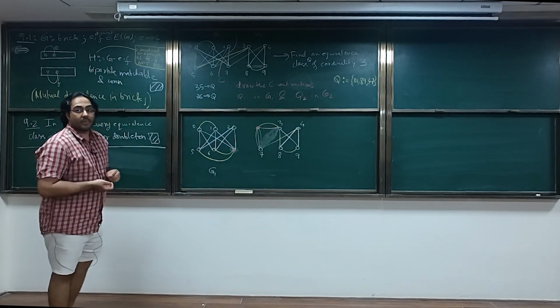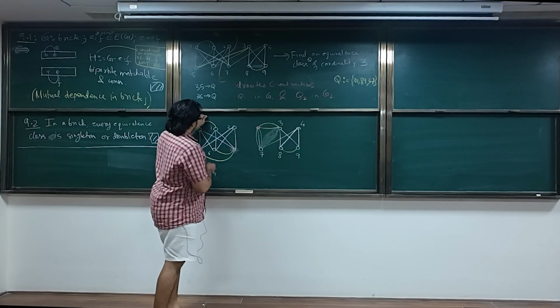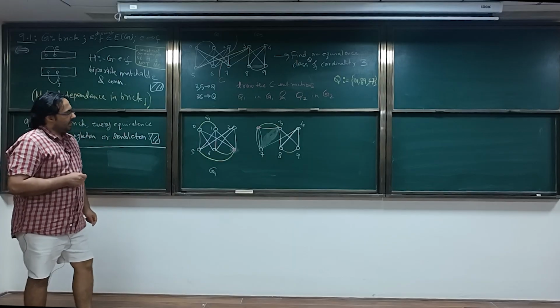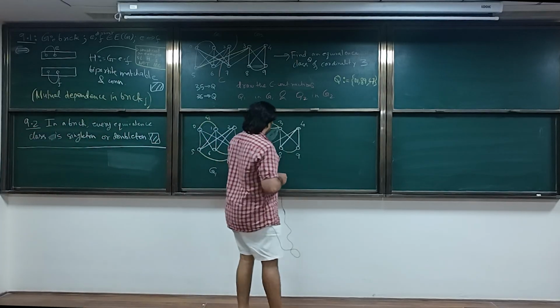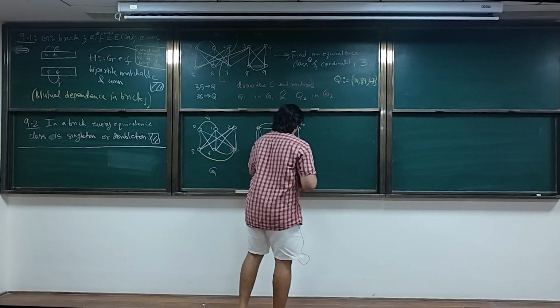If you look at the restriction in this graph, Q1 is just this edge. And in this graph, the restriction is 4, 7 and 8, 9. That's Q2.